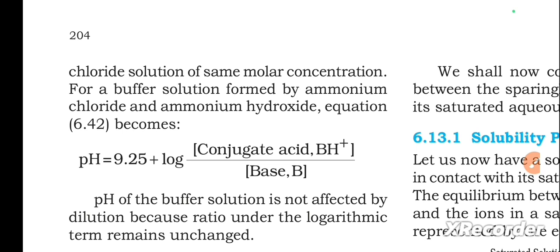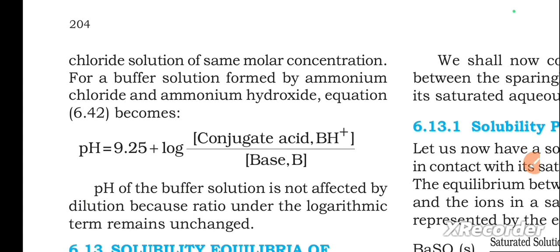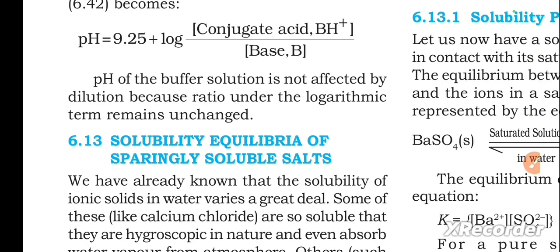For a buffer solution formed by ammonium chloride and ammonium hydroxide, equation 6.42 becomes pH = 9.25 + log [conjugate acid BH+]/[base B]. The pH of the buffer solution is not affected by dilution because the ratio under the logarithmic term remains unchanged.